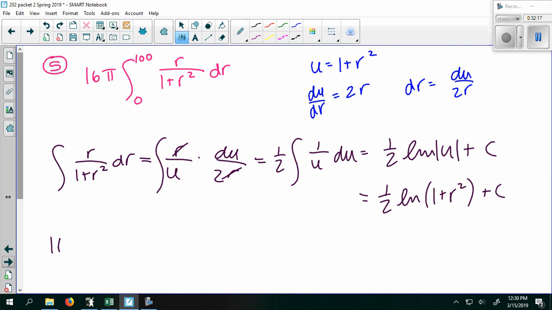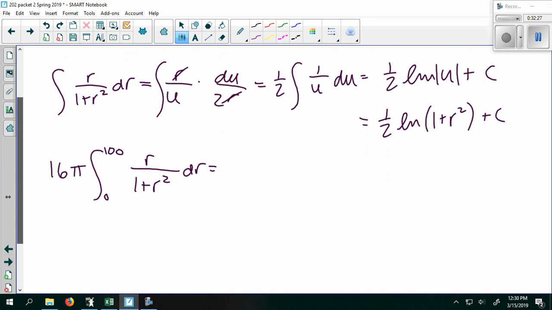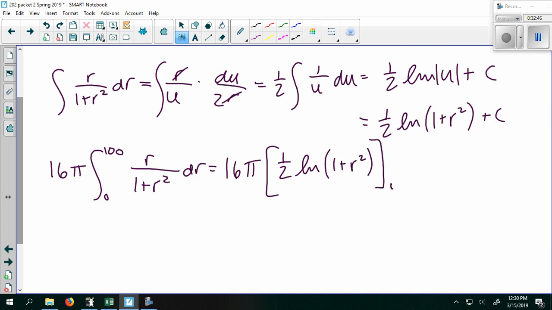Now I'll go back to the definite integral now that I have an antiderivative. So I've got 16 pi times the integral from 0 to 100 of r over 1 plus r squared dr. Now I just have to take the antiderivative and plug in the bounds. So this is 16 pi times 1/2 the ln of 1 plus r squared, and I'm going to evaluate from 0 to 100.